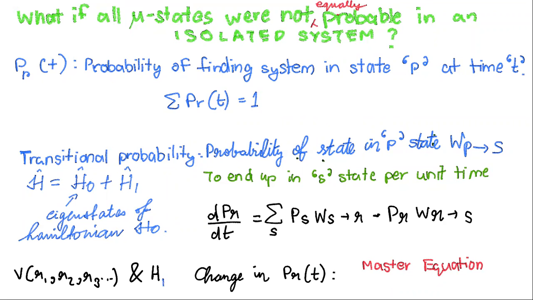To start discussing it, we start with a very general statement. Suppose P_R(t) is the probability of finding a system in microstate R at a certain time t. There can be tons of different microstates, different ways of arranging their momenta and positions.